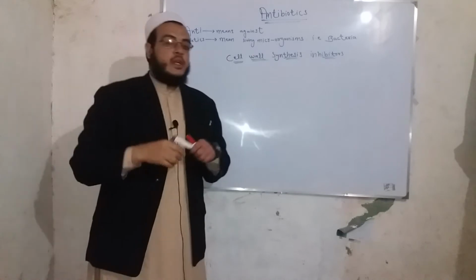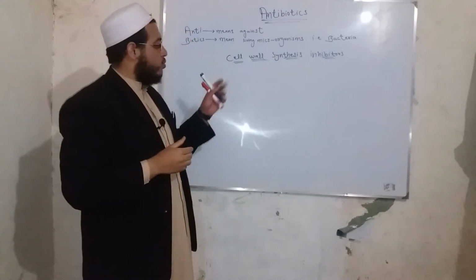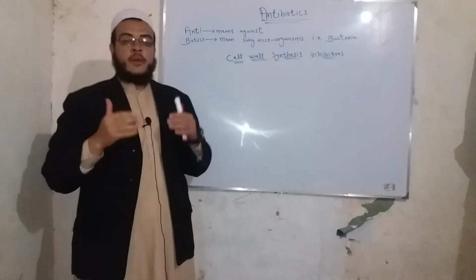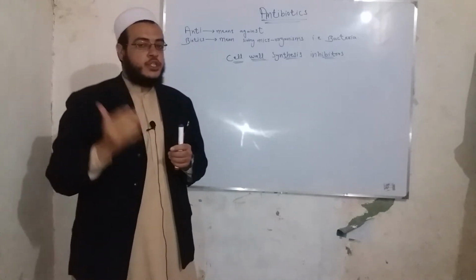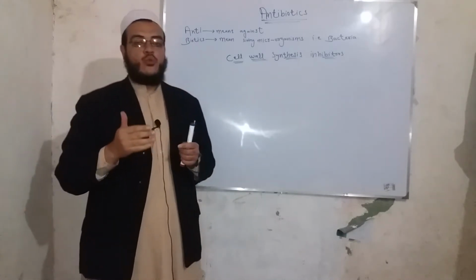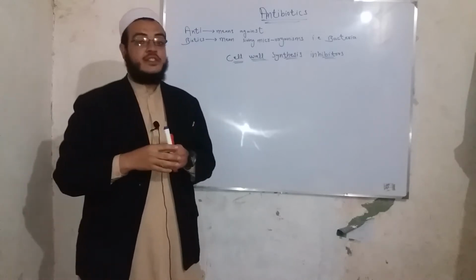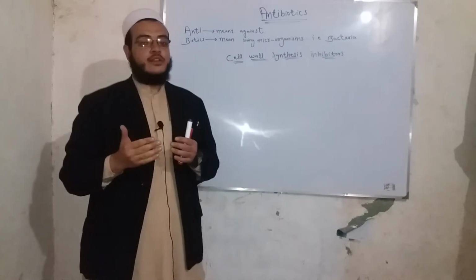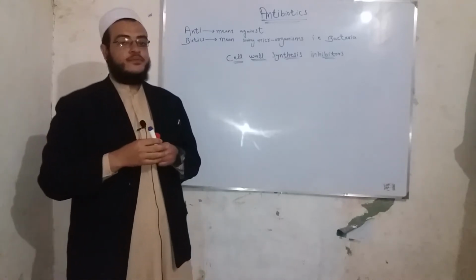First of all, I will tell a little bit about the cell wall synthesis inhibitors. Some antimicrobial drugs selectively interfere with the synthesis of bacterial cell wall, a structure that mammalian cells do not possess.